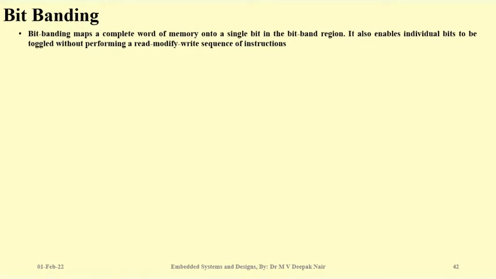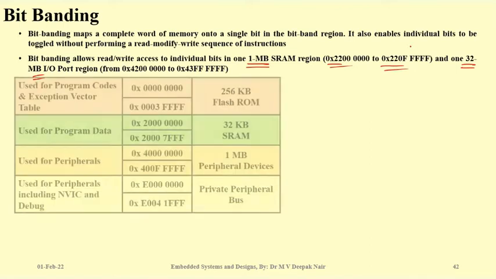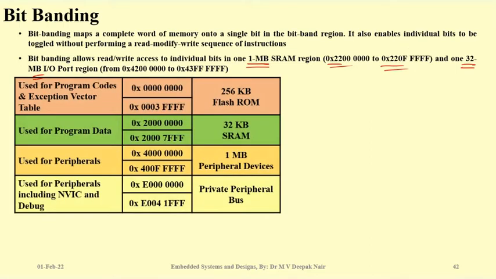Now, in general, 1 MB of RAM is mapped to a 32 MB of IO port region. So in this way, you can see the mapping of memory from one region to another region. 1 MB multiplied by 32 will give you 32 MB.